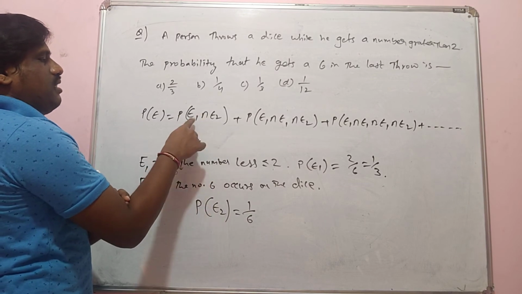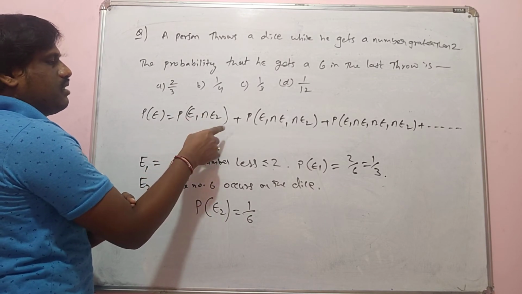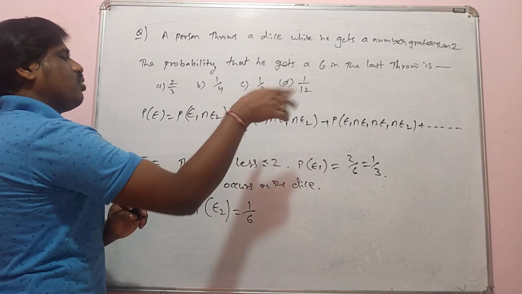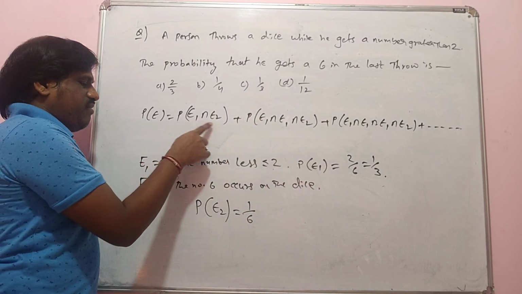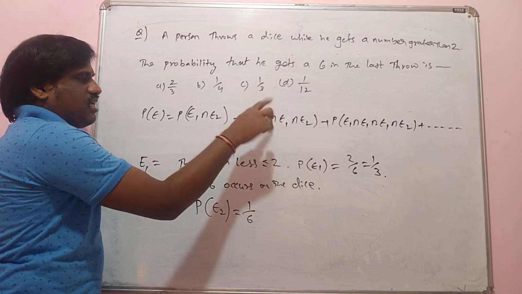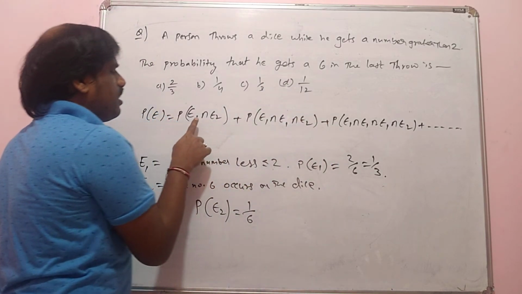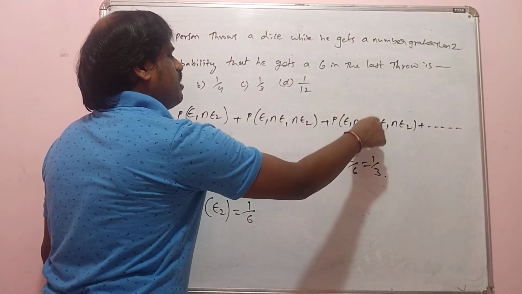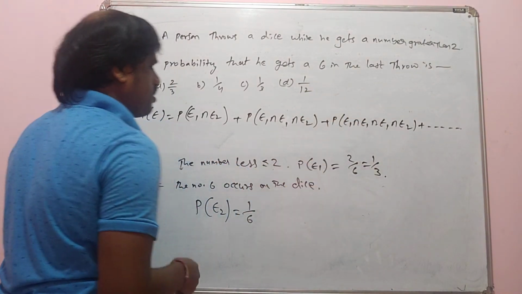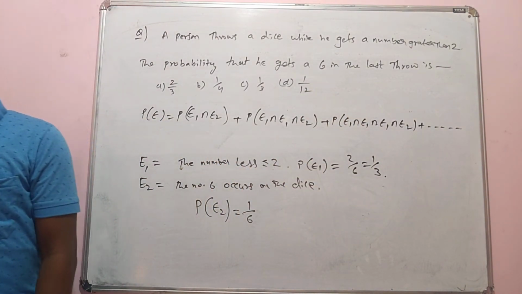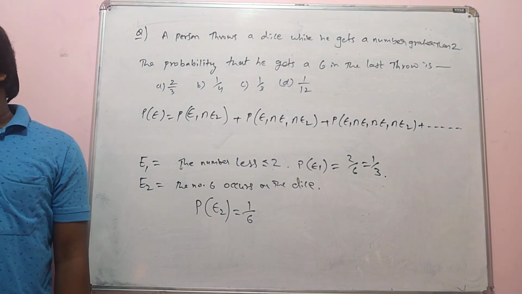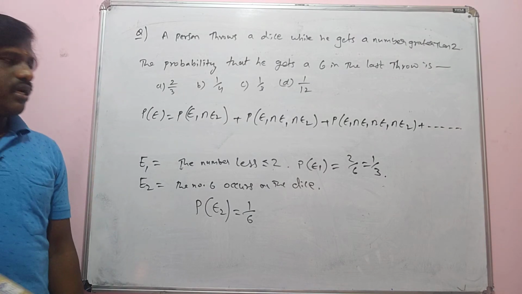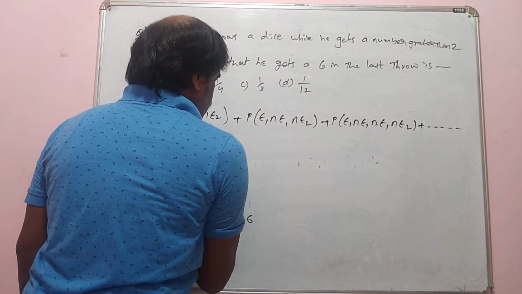Likewise he repeats: once he got E1, again he throws and gets E1, then he gets E2. This process goes like that. Are you getting it? If not, another way I can explain; you can tell me afterwards in the group.